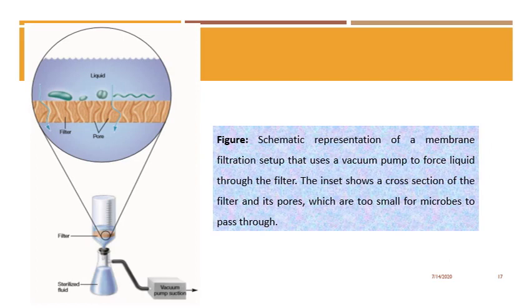Here is a schematic representation of the membrane filtration setup that uses a vacuum pump to force liquid through the filter. The inset shows a cross section of the filter and its pores. Like this is the filter and how these pore channels are, and how the liquid crosses the membrane through these pore channels, which are too small for microbes to pass through.